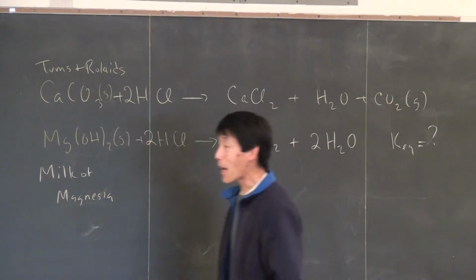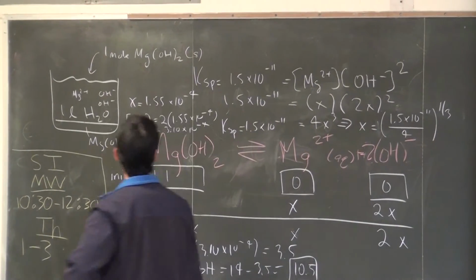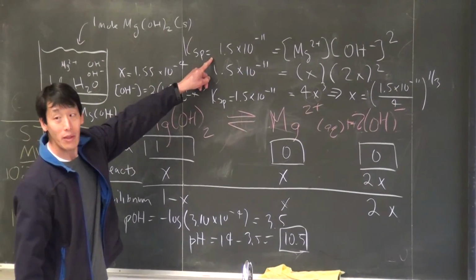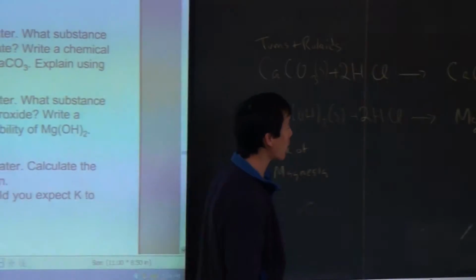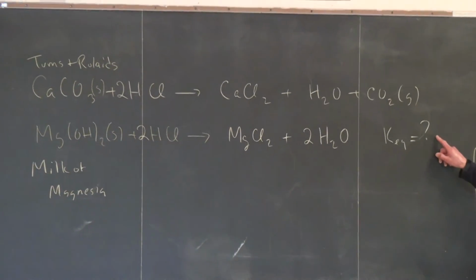Now we know that magnesium hydroxide is not very soluble in water based on Ksp, 1.5 times 10 to the minus 11. Would you expect the equilibrium constant for this reaction to be bigger than 1.5 times 10 to the minus 11? Yes.